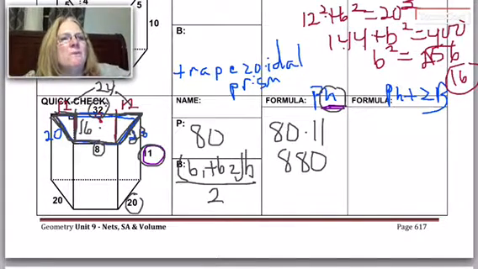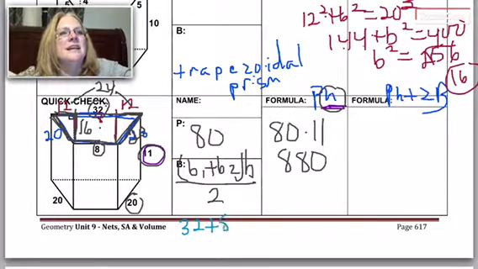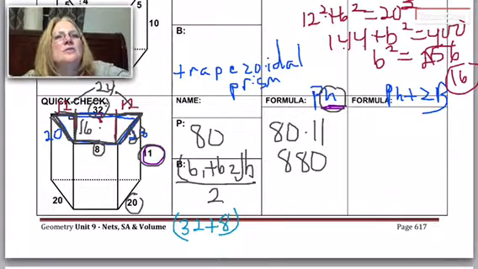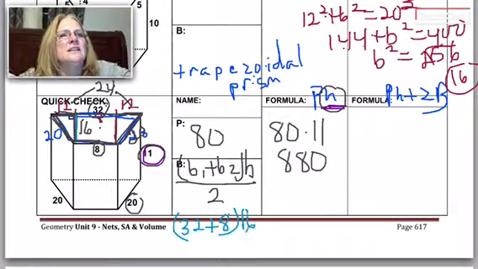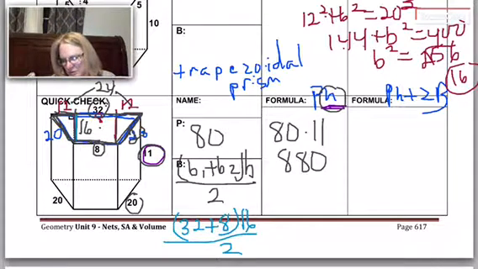So now I have all my parts for this, and it's base 1, so it's 32 plus 8 times the height of the trapezoid, which is 16, divided by 2. So that was 40 times 8, 320.